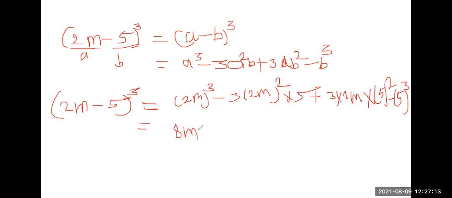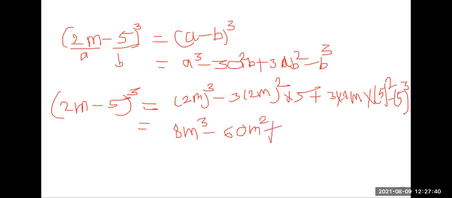Now here also some students make mistakes. Here we have to take the square first and then multiply. 2 square is 4. 3 4s are 12. 12 into 5, 12 5s are 60. So 60m square.